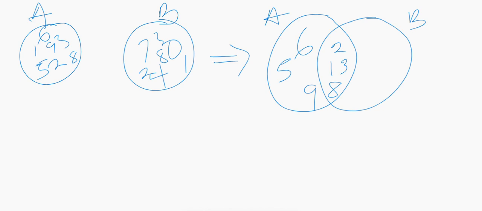Now for B we have 1, 2, 3, 4 left. Don't let us forget 0. 0, 1, 2, 3, 4, 7. We have 7. You see now.